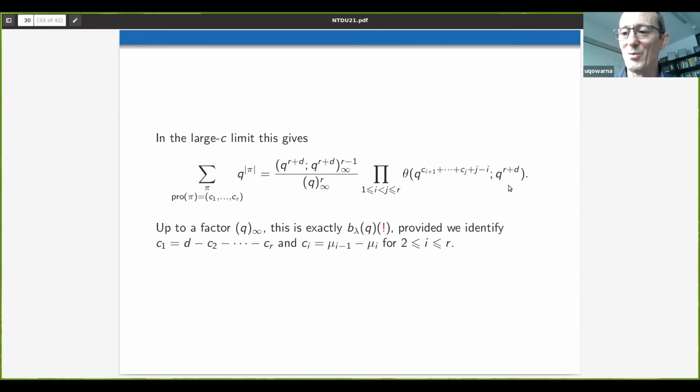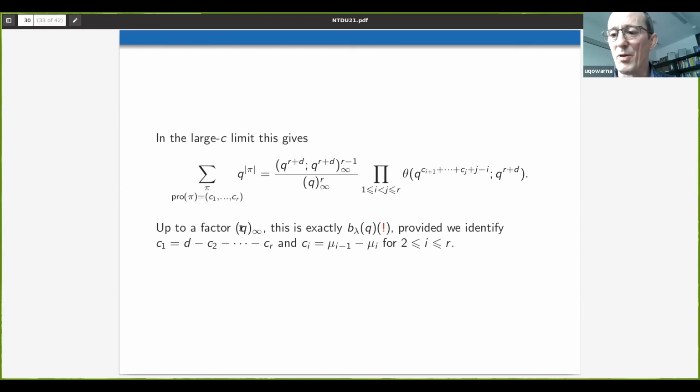And if you remember the expression that I showed at the very start for these branching functions corresponding to these admissible representations of the type A affine Lie algebra, it was exactly the same product over theta functions, provided I make a slight identification of the parameters, except for a simple factor of q infinity.